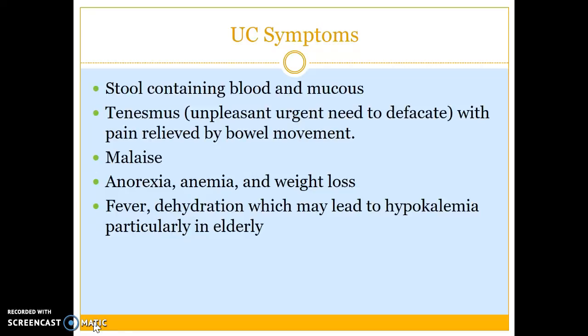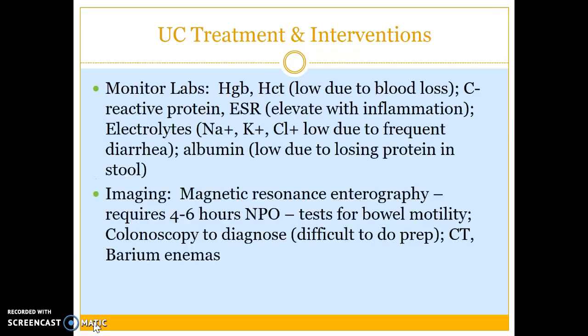The fever can come more from the infectious inflammatory process. Some of the labs they get, of course, are hemoglobin and hematocrit related to blood loss or anemia potential. C-reactive protein and ESR elevate when there's active inflammation going on, so often those will be done as blood work.